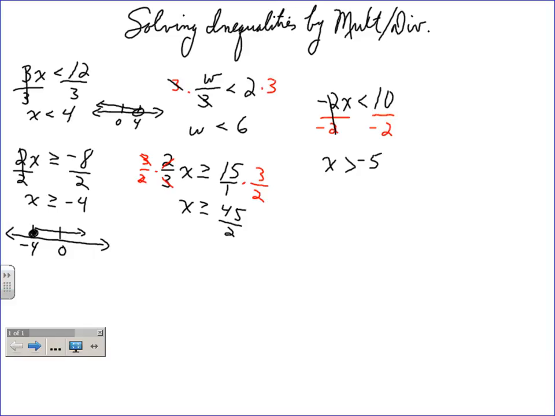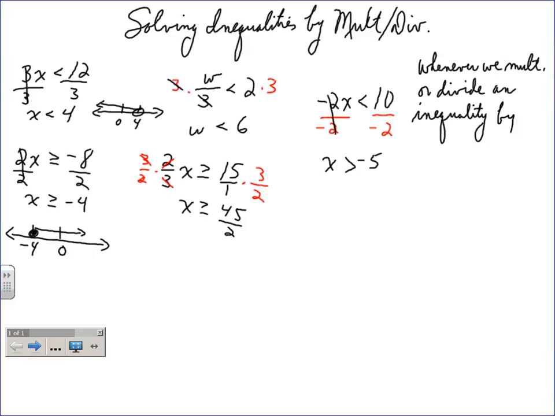And so the rule is going to be, whenever we multiply or divide an inequality by a negative, reverse the inequality sign.